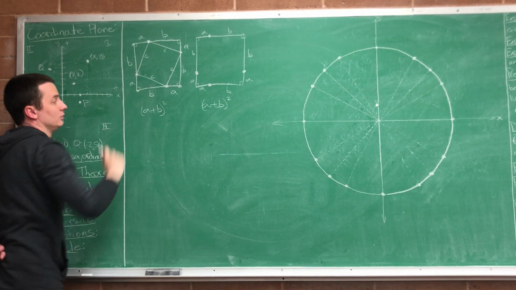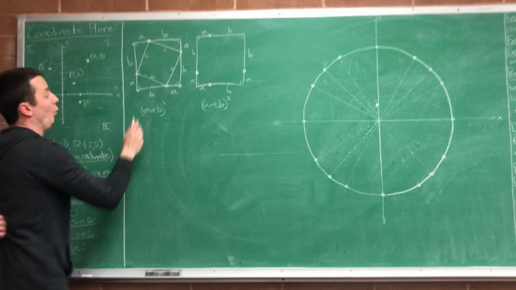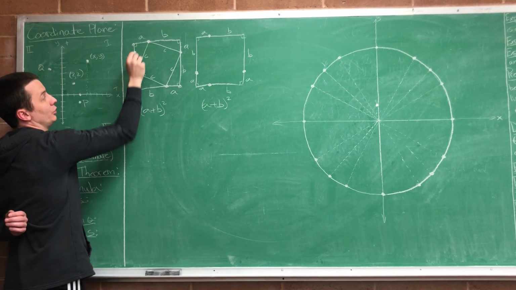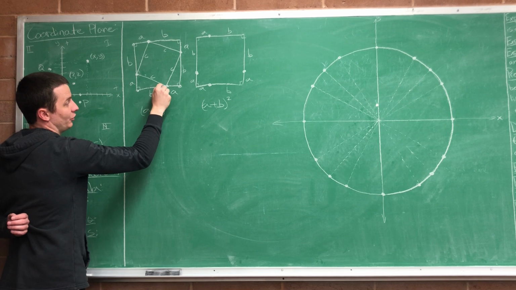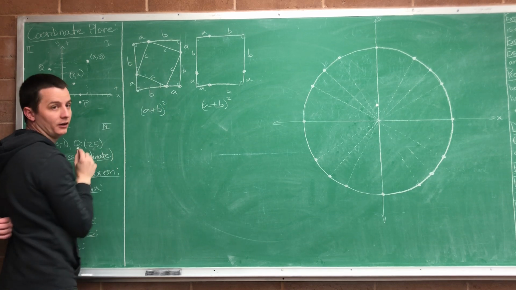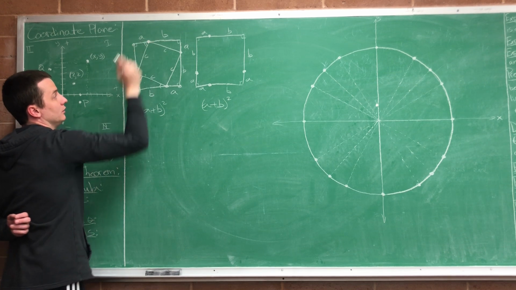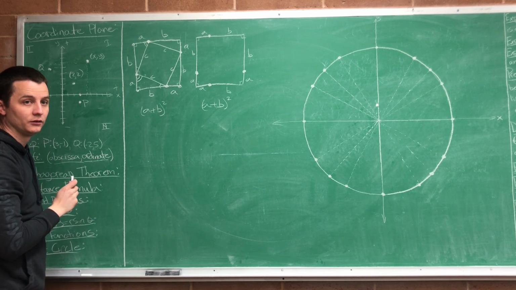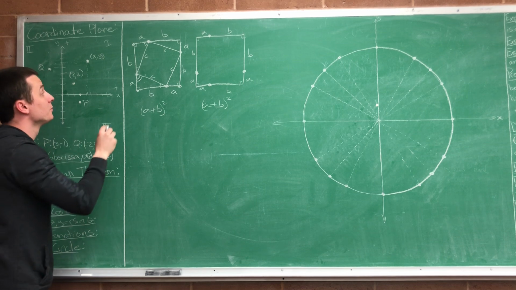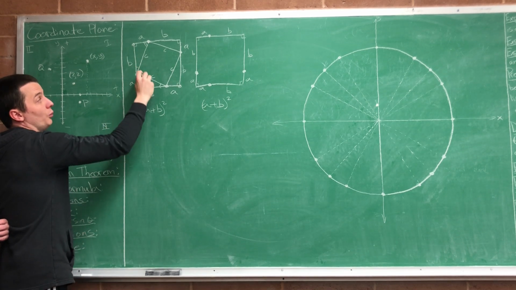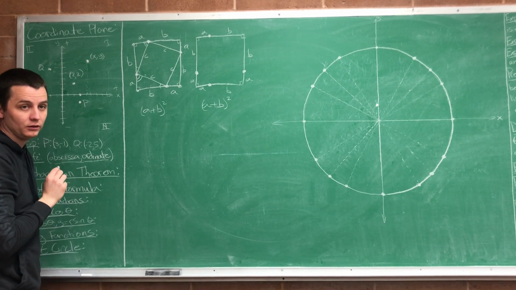We need to prove that's a right angle, right? Well, I know that this triangle is congruent to this triangle, which means this angle right here is the same big as this angle right here. And this angle right here is the same big as this angle right here. Right? So what does this middle angle have to be?